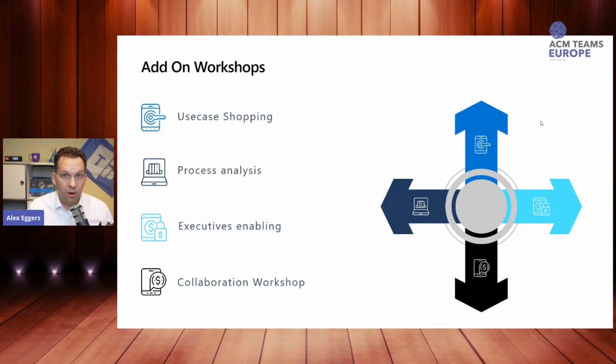Right now we have the big problem that companies adopted Teams 9 months ago, and they have not done a real adoption. They have just rolled it out, and now they get a big mess because they did not talk to the people about how they should use Teams. They just told them, okay, here's Teams, start it.